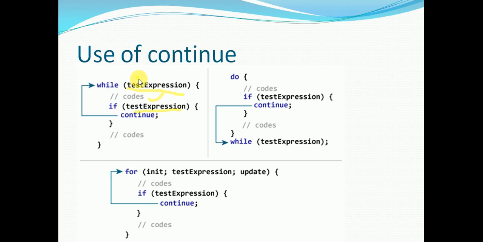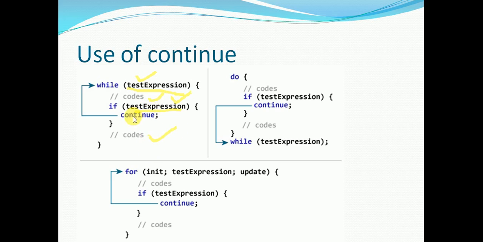Again it will test the condition. If the condition is true, again this code part will be executed a second time. Again the condition is tested. For example, here the condition is false. What happens if the condition is false? This continue will not be executed. Control comes out of the if condition. So this part will be executed.